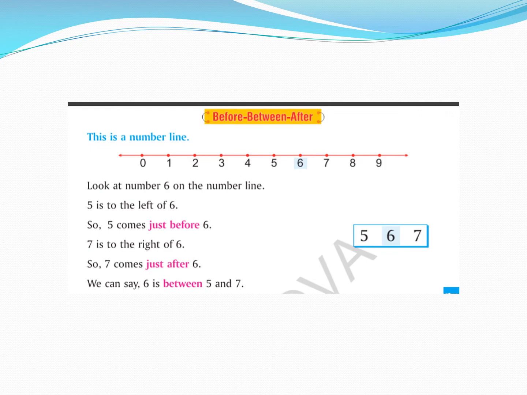So 5 comes just before 6. Now 7 is to the right of the 6. So we can say 7 comes just after 6. Now we also can say that 6 is between 5 and 7. Do you understand? Very good.